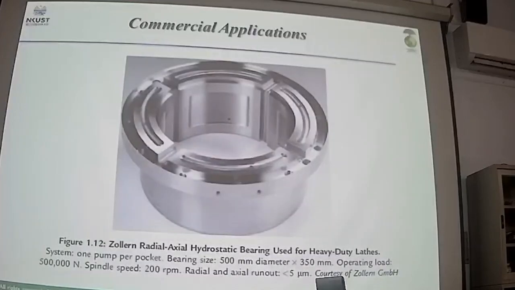So this is one of the pictures. It shows you the rotary table designed by the German company named Zollner. Okay. So you have thrust bearing, two fluid thrust bearings and four fluid thrust bearings, and you have also four recesses in your journal bearing.